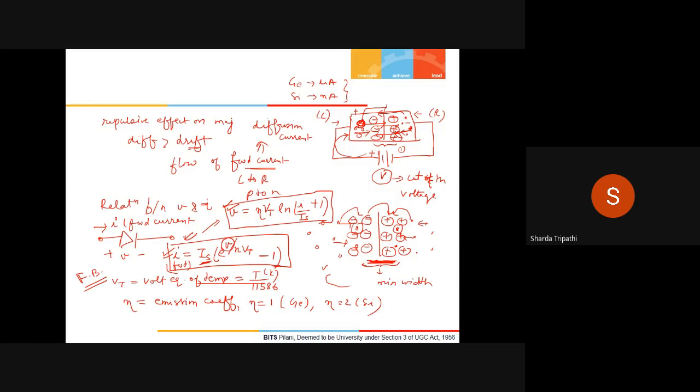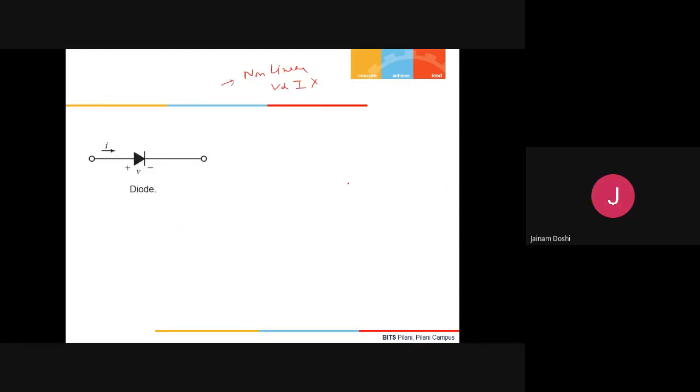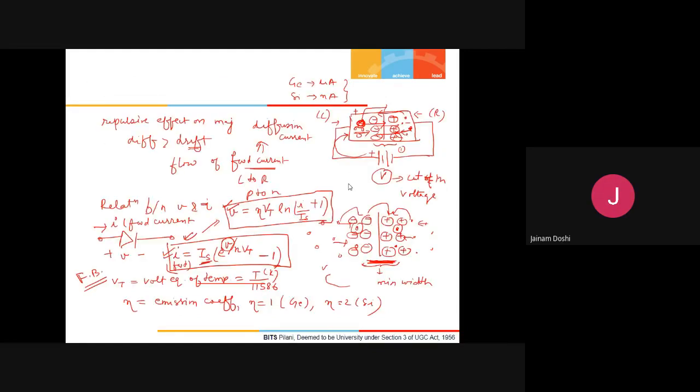Now let us have a look at the IV characteristic of the diode. What does that volt equivalent of temperature actually mean? This is a constant. In the last class we saw that the diffusion constant and mobility are related by Einstein's equation.